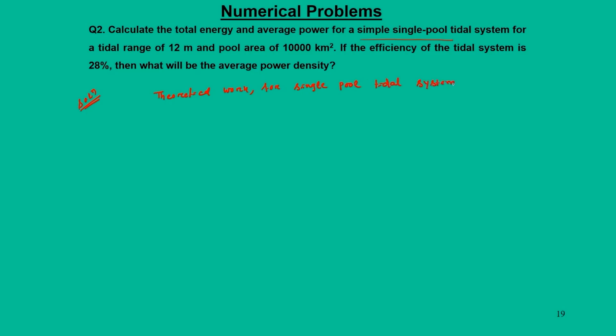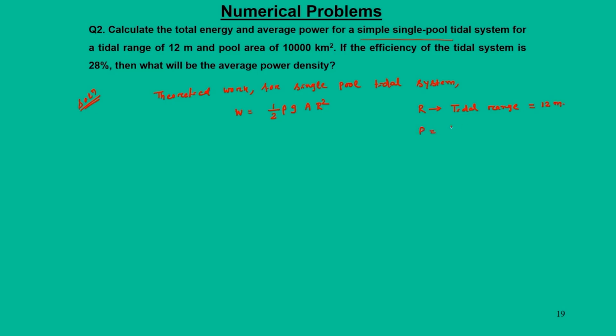It is given by W is equal to 1 by 2 rho G A R square, where R stands for the tidal range, and in this case it is 12 meter.